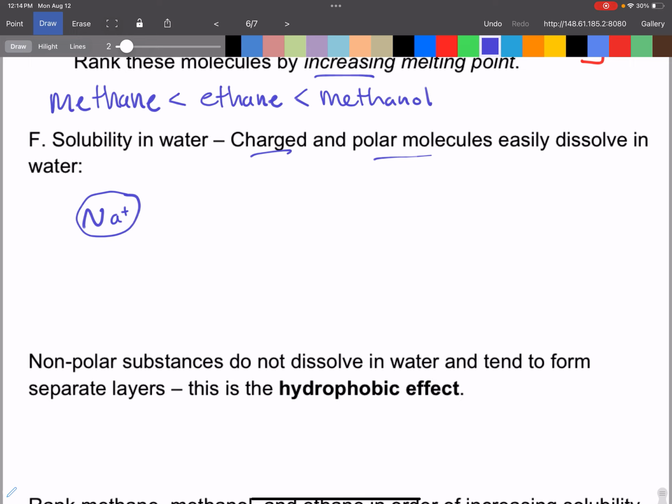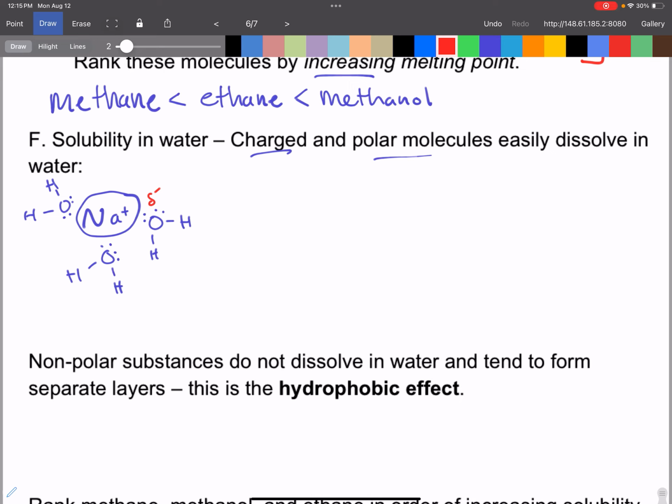It could interact with water molecules because water has those lone pairs, and I'm just drawing an arbitrary number of water molecules around it. It actually depends on the particular ion how it's going to interact, but we're not going to worry ourselves too much about that. But notice that I've chosen to draw these water molecules such that their partial negative charges are facing the sodium.